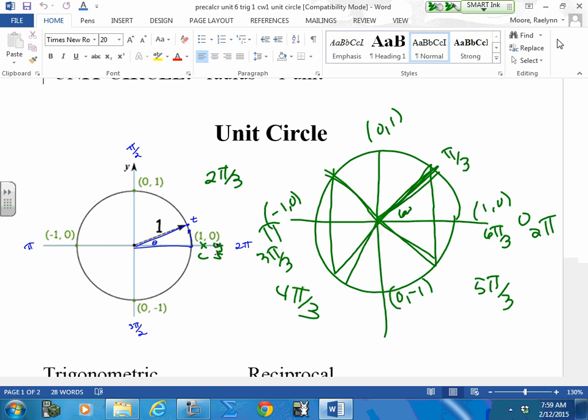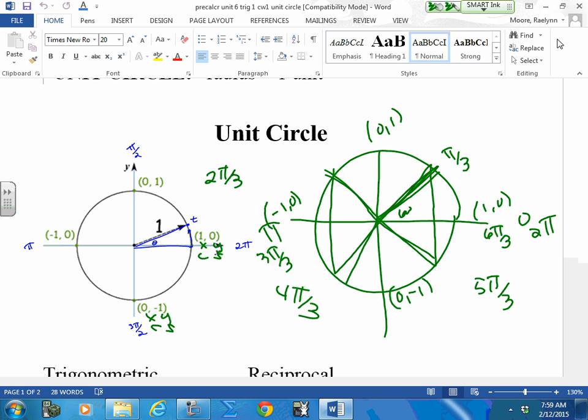So if I'm looking for the sine of 0, the sine is the y value. The sine of 0 is 0. The cosine of 0 is 1. So much easier. X, y, cosine, sine. At 270, 3 pi over 2, if I use the radians, the sine at 270 is -1. Cosine, 0. So I can find your quadrantal angles right off your unit circle.